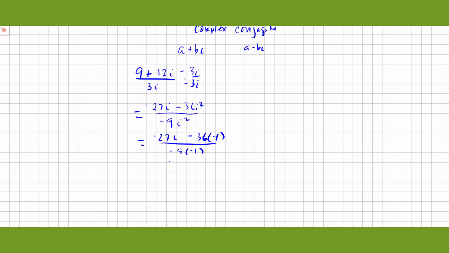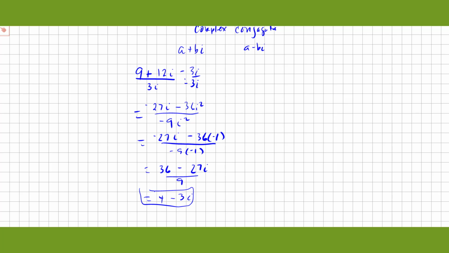We got 36 minus 27i, just putting them in order, over 9, okay? And I've got 36 divided by 9 equals 4, 27i divided by 9 equals 3, so minus 3i.